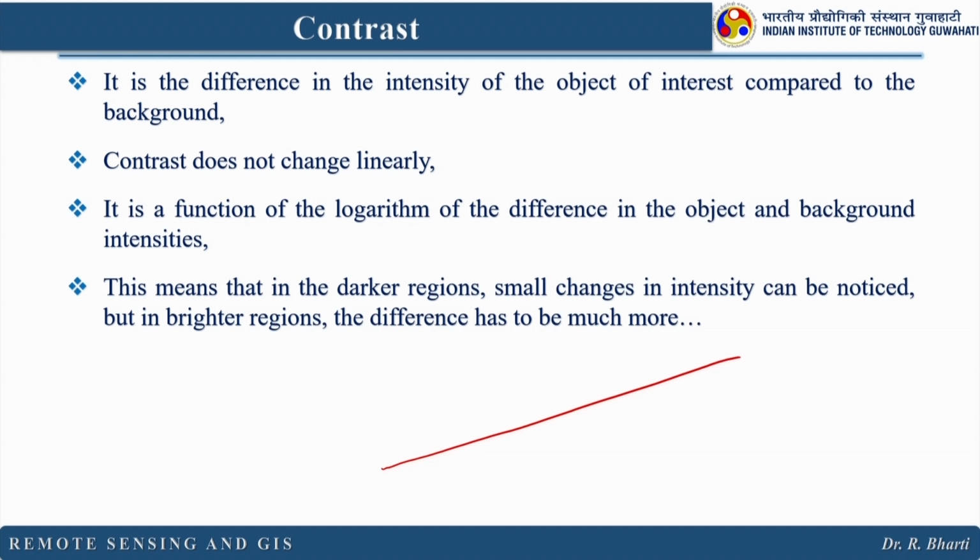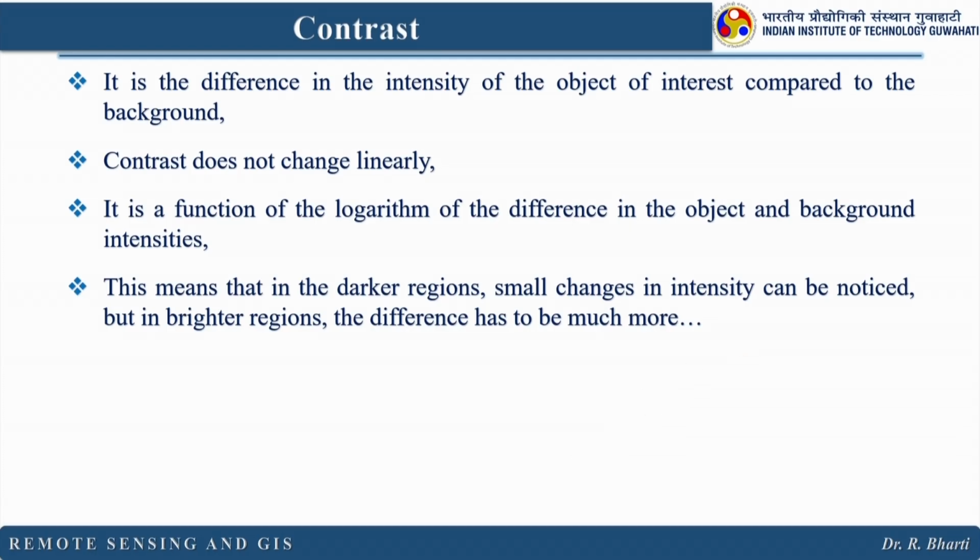But if the whole background is of the same color, then what will happen? You will not find it. Or if I make this line a little bit of a white shade, white to black shade, then what will happen? Your visibility or perception will change. So that is the point.